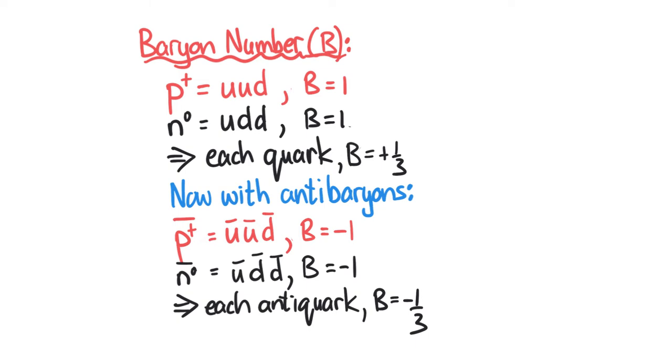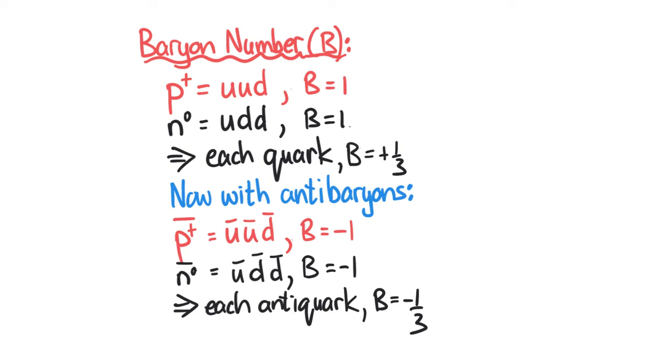So for a proton, its baryon number is 1, and it consists of 2 up and 1 down quark, as we know. And for the neutron, its baryon number is also 1, and it consists of 1 up quark and 2 down quarks, which implies that each quark has a baryon number of plus a third.